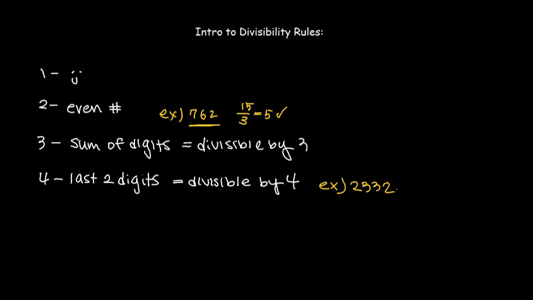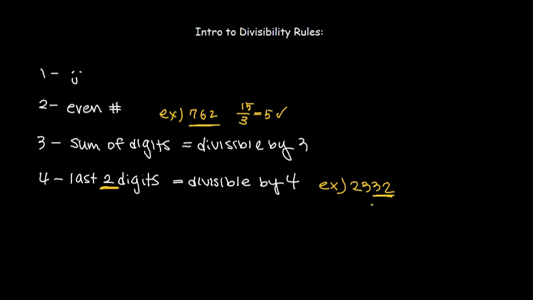But let's go more in depth. Like the rule says, we're going to see if the last 2 digits are divisible by 4. Don't get this part mixed up with all of the digits. It's only the last 2 digits. If we look at the last 2 digits, which is 32, is that divisible by 4? Yes, it is, because 32 is divisible by 4.